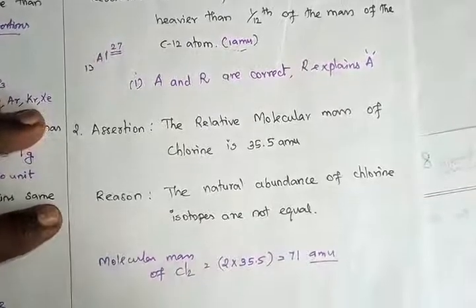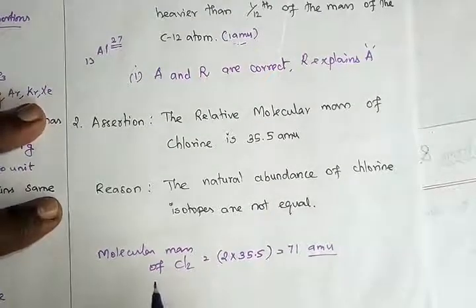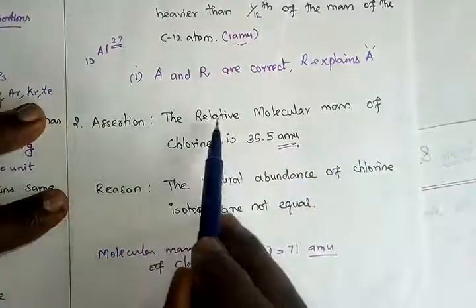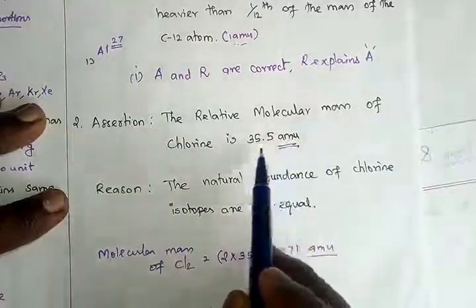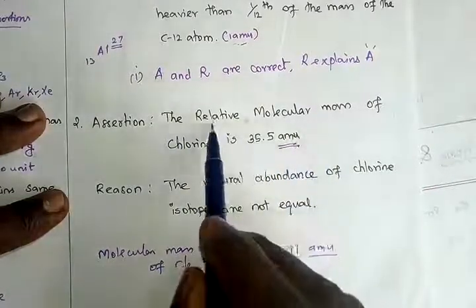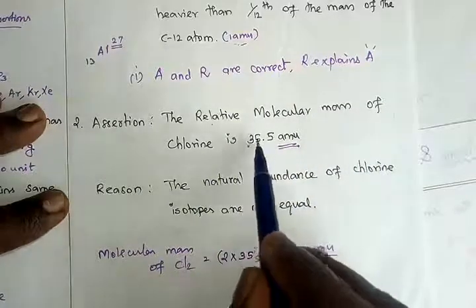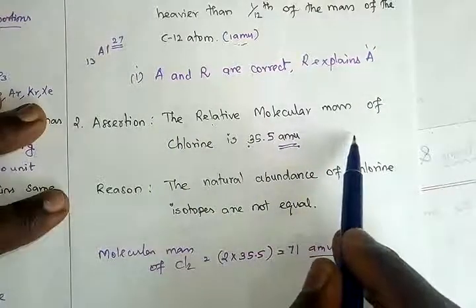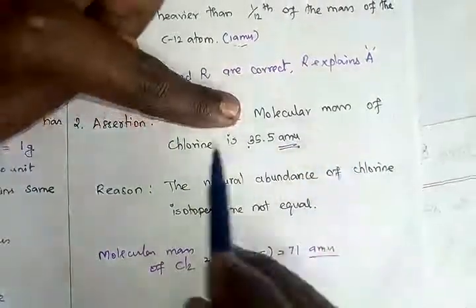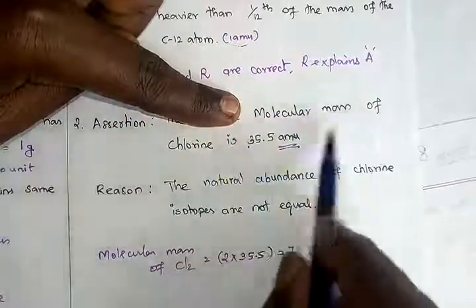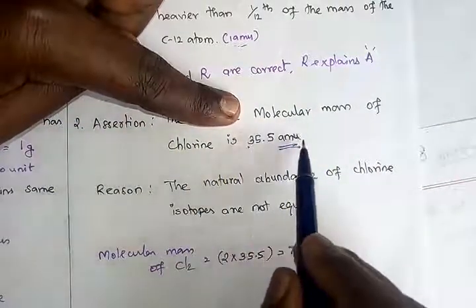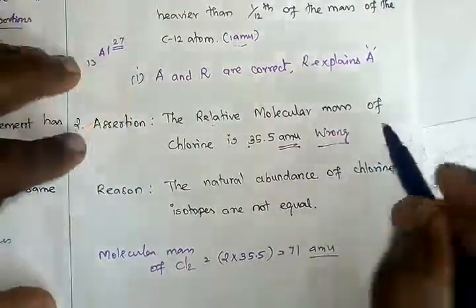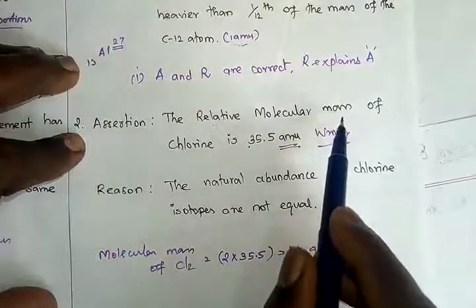If I say relative molecular mass, which is a ratio, it does not have any unit, but we have a unit here. If I give 71 without any unit, the statement is correct. Or if they simply mention molecular mass of chlorine is 71 AMU, that is also correct, but they have given it like this, so it is wrong, because relative molecular mass is a ratio which has no unit.